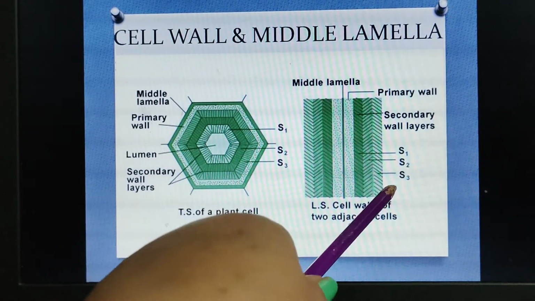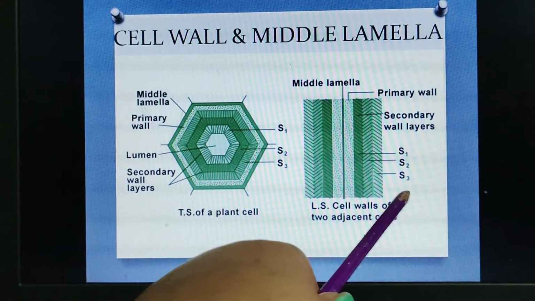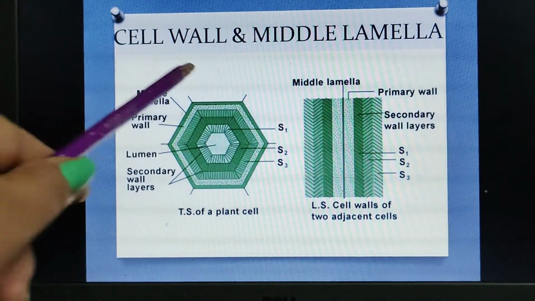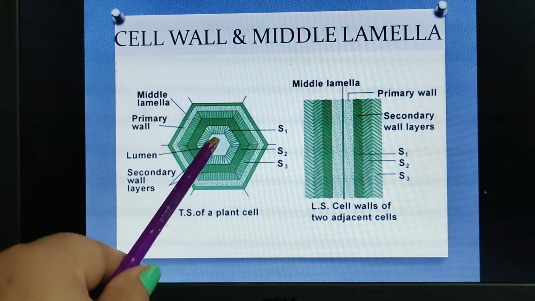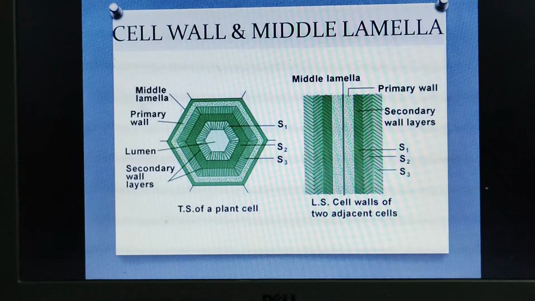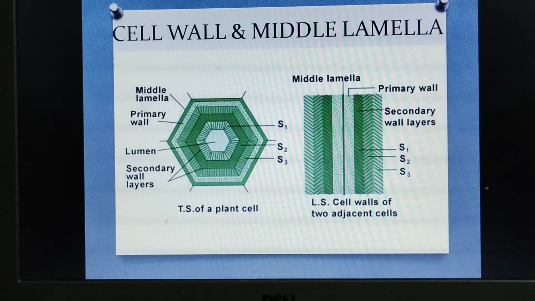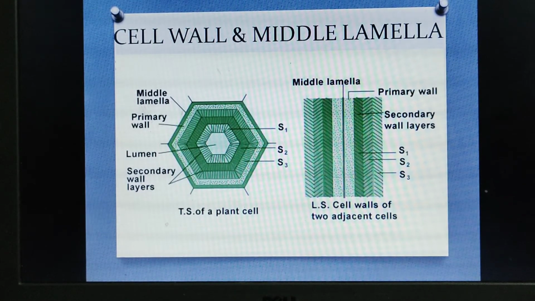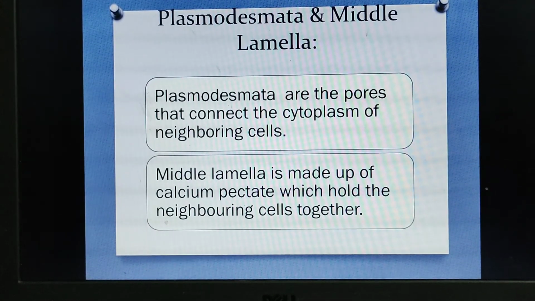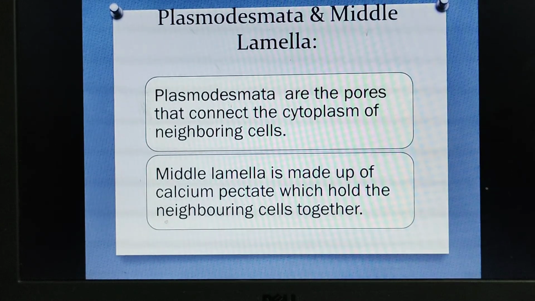Imagine करिए यहाँ पर एक पतली सी एक ट्यूब है जो यहाँ पर दो adjoining cells को आपस में जोड़ रही है. You can imagine here also कि ये एक सेल की यहाँ की सेल वॉल के बीच में और इसके बीच में एक ट्यूब है. So where the two cytoplasm are in communication, तो उस ट्यूब को, उस पोर को हम क्या कहेंगे? That will be called the plasmodesmata. Fine. So this is all about the cell wall, middle lamella and the plasmodesmata in plant cells. Thank you.